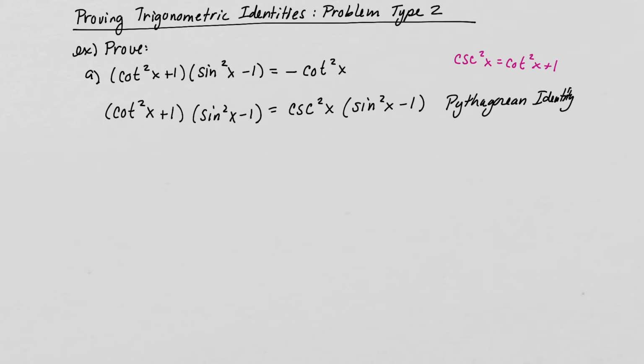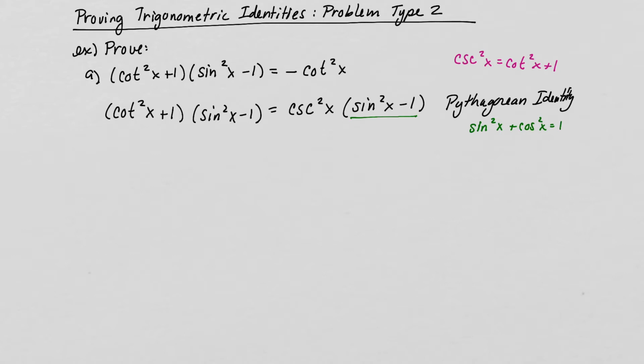The next thing that we're going to do, so remember we're trying to get to cotangent squared x. So having that sine squared x minus 1 isn't super helpful. So I'd like to do something with this part here. Actually, I'll do it in green here, this part here. So remember that sine squared x plus cosine squared x equals 1.